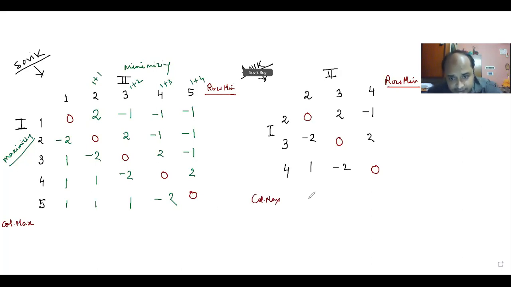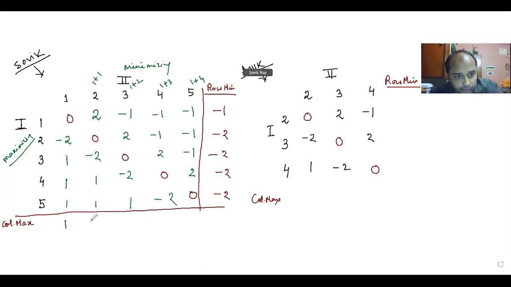So row minimum here will be minus 1, minus 2, minus 2, and the column maximum will be 1, 2, 2. And what will be the thing in Onik's case?